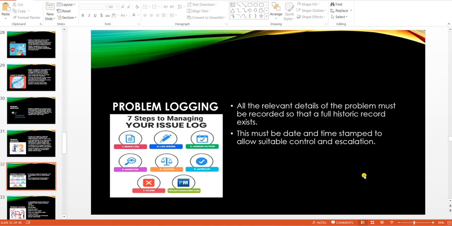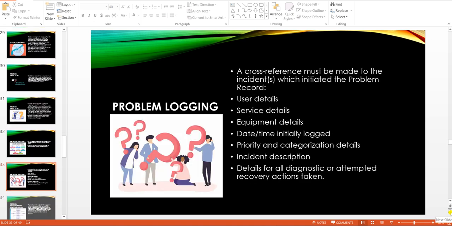And also, for problem logging, a cross reference must be made to the incident which initiated the problem record. It consists of user details, service details, equipment details, date and time initially logged, priority and categorization details, incident description, and details of all diagnostic or attempted recovery actions taken.